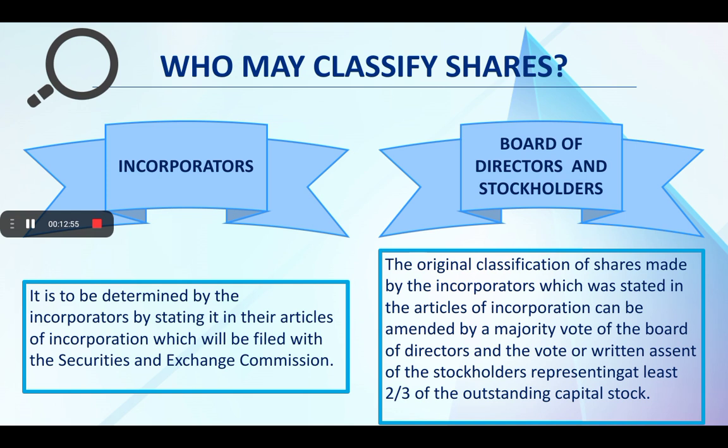So, the original classification of shares made by incorporators, which was stated in the Articles of Incorporation, can be amended by a majority vote of the Board of Directors and the vote or written assent of the stockholders representing at least 2/3 of the outstanding capital stock.